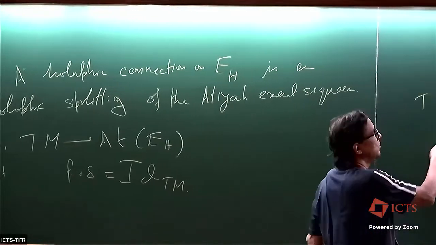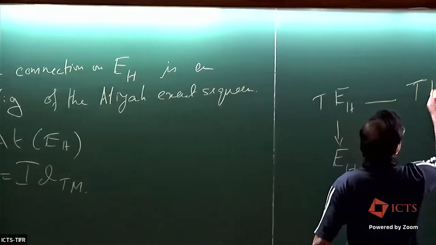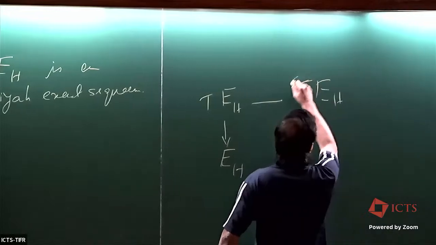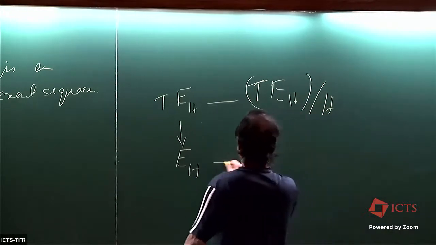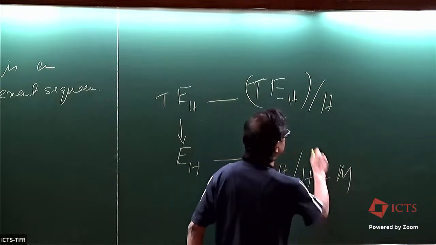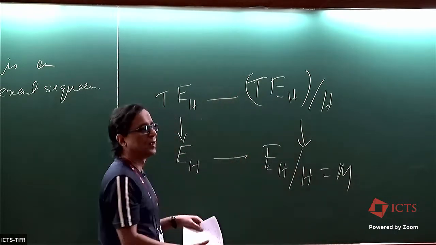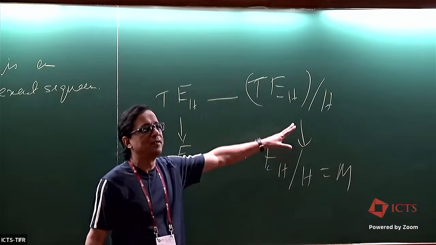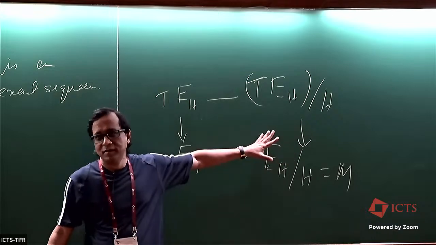So you go to the quotient bundle of T E_H over M. This gives a projection, and this makes a vector bundle. Sorry, this is the definition of the Atiyah bundle.